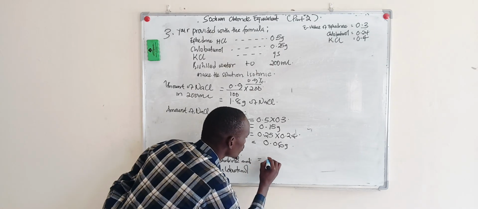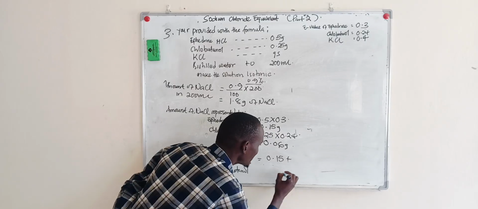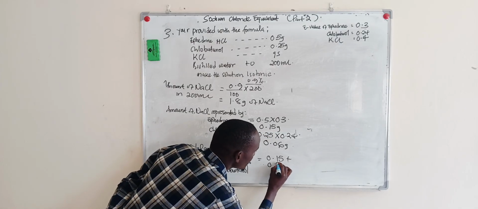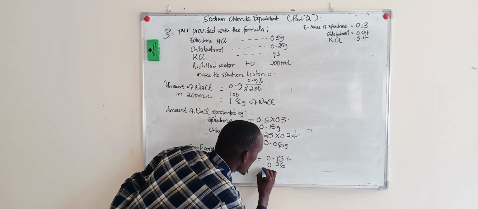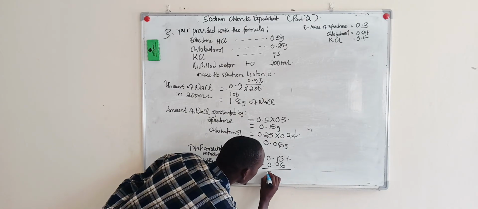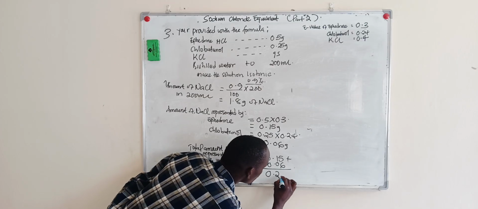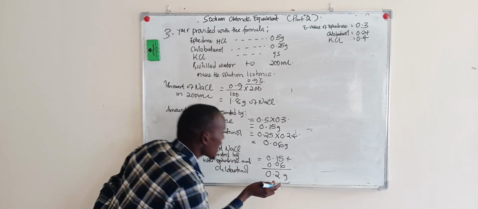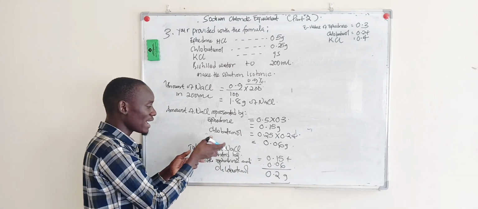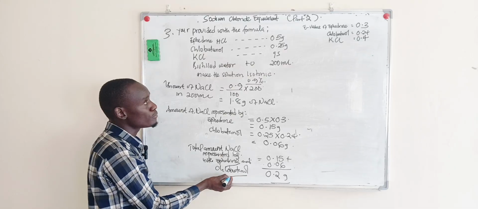This will be equal to the 0.15 plus the 0.06. And when you compute this, we shall get approximately 0.2 grams as our total amount of sodium chloride represented by both ephedrine hydrochloride and chlorbutanol.